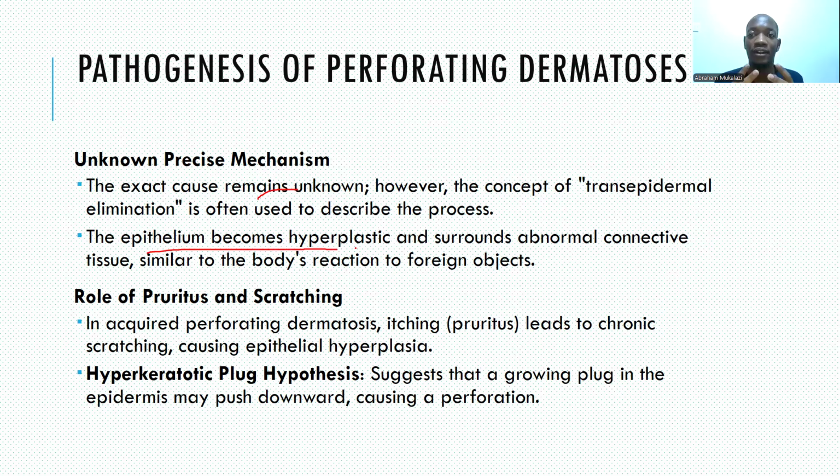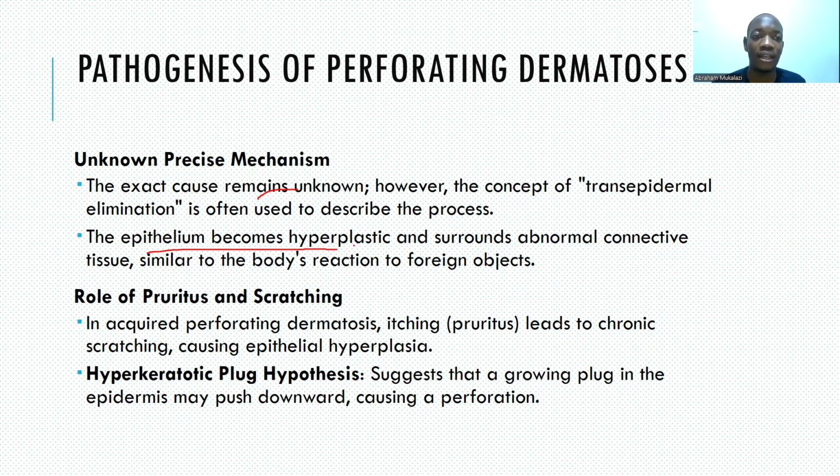For example, if you have a splinter or a thorn in your body, your skin will try to engulf it from outwards into inwards to try and take it out. So we are thinking that the same process happens when your body tries to eliminate the abnormal connective tissue that may be in the deeper layers.